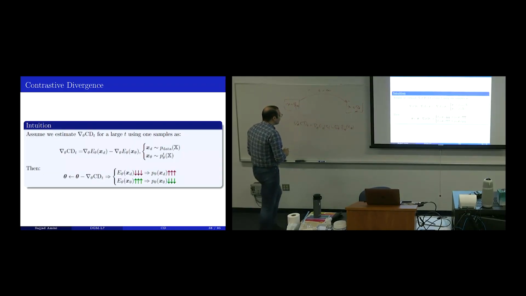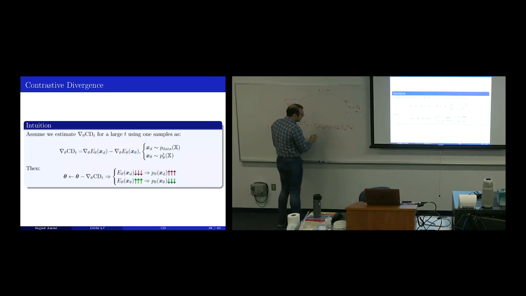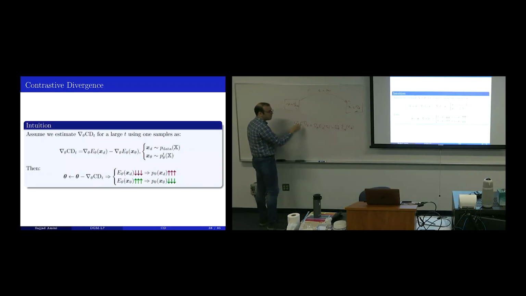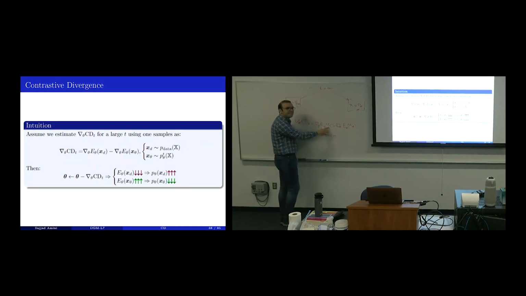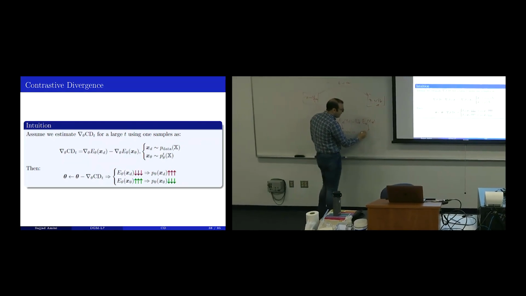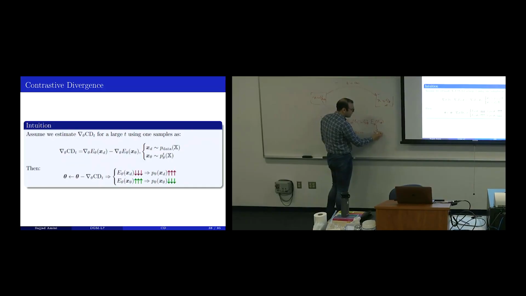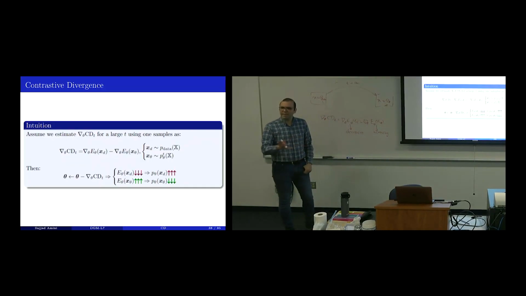Okay. So what are you doing? You take the gradient in the direction of the negative of this value. So you are decreasing this one. You are decreasing the energy at XD, and you are increasing energy at X theta. Does it make sense? And do you agree? Because of the gradient, you take the negative of this gradient.